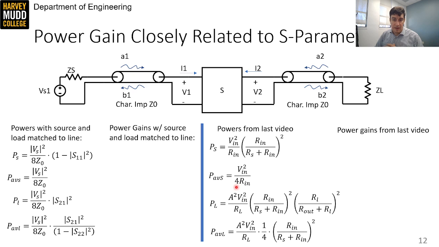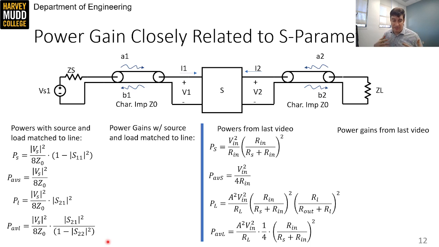Nice. PL and PAVL are a little harder to compare. In our sort of DC PL expression, we see that there's an input matching term and an output matching term, degrading our overall power. Whereas in our S parameter expression, there are no S11 or S22 terms, so what gives? Well, we can look to PAVL for a little bit of insight.